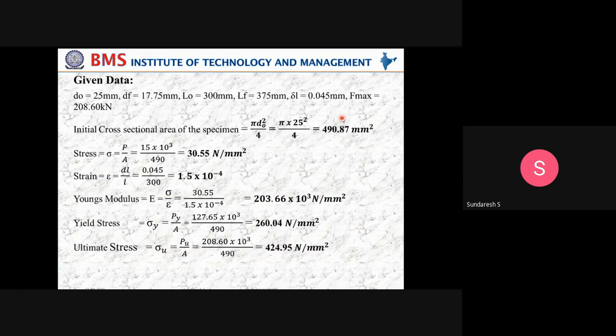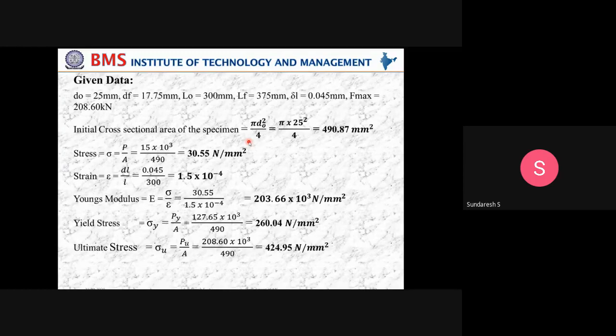Be careful. That's why you should practice and know how to operate your calculators correctly, and get the values correctly. So pi into 25 square by 4 is equal to 490.87 millimeter square. This is the initial cross-sectional area.